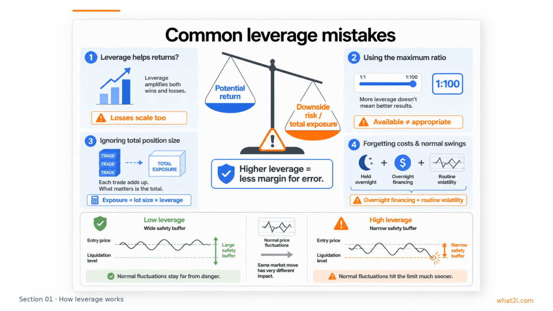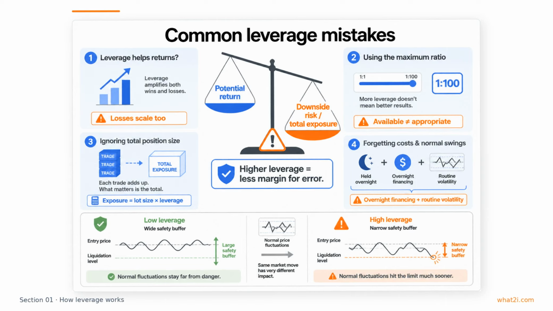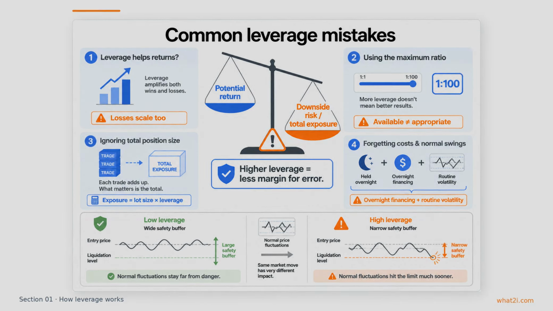Many also focus on how little margin is required and forget to think about the full position size they are actually controlling. Costs, spreads, financing charges, and ordinary price swings can then become far more damaging than expected. The safer mindset is to start with exposure and downside risk, and only then decide whether leverage fits the plan.